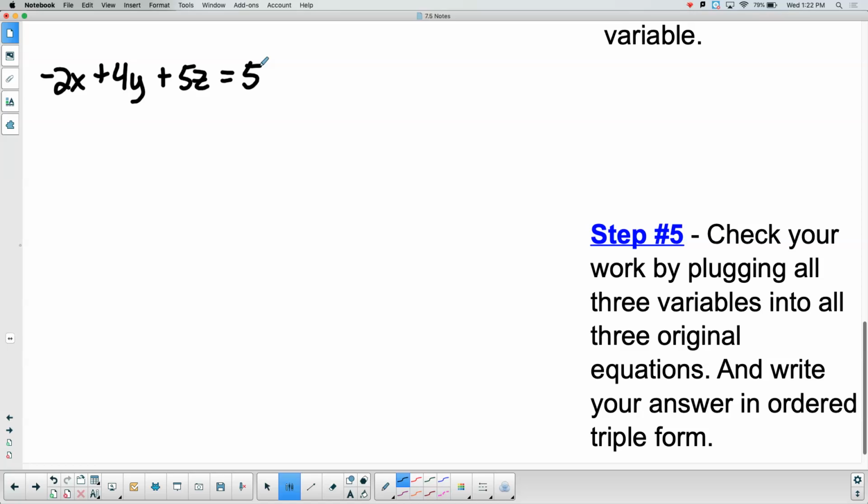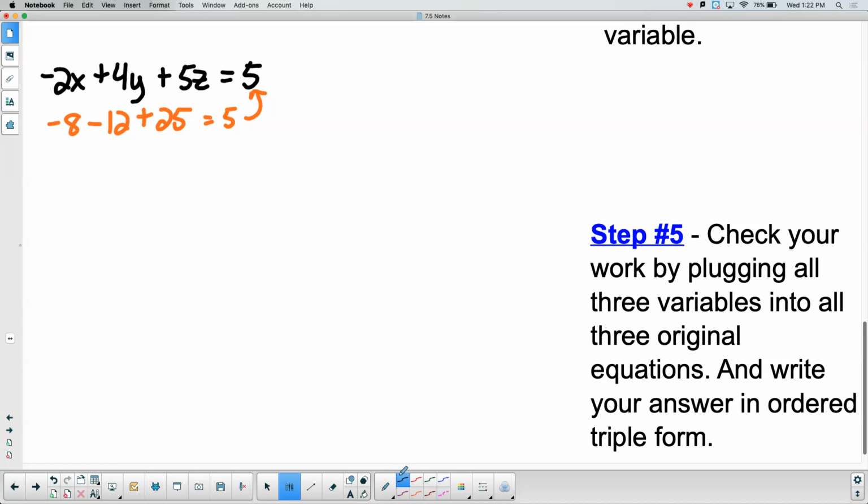Negative 2 times 4 is going to be negative 8. 4 times negative 3 is going to be negative 12. 5 times 5 is going to be 25. Negative 20 plus 25 is 5. Those check out.